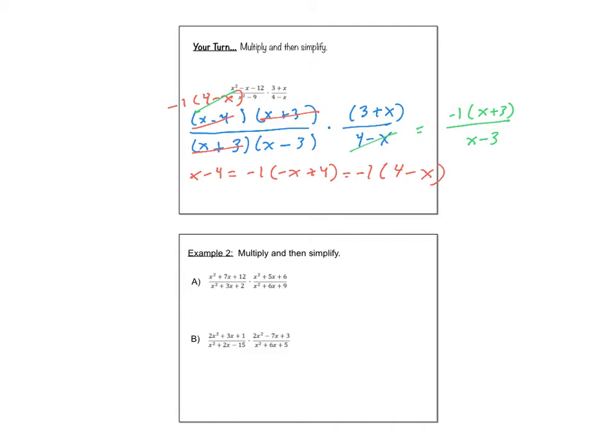And then some people would distribute that negative 1 through the x plus 3 and say negative x minus 3. I just leave it like that. That's fine. Like I said, someone else might say negative x minus 3 all over x minus 3. Either one of those works.